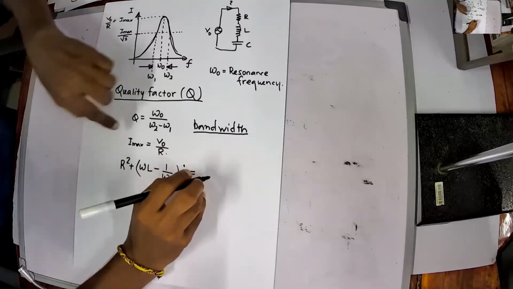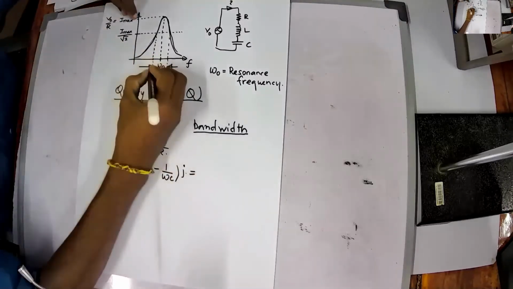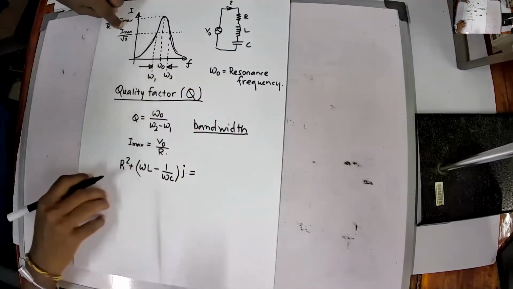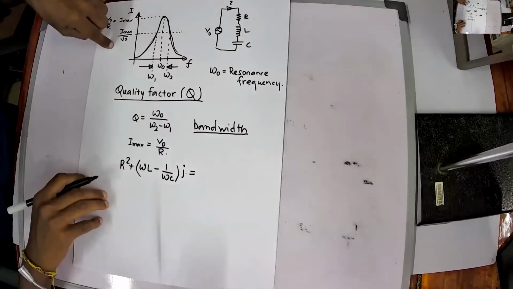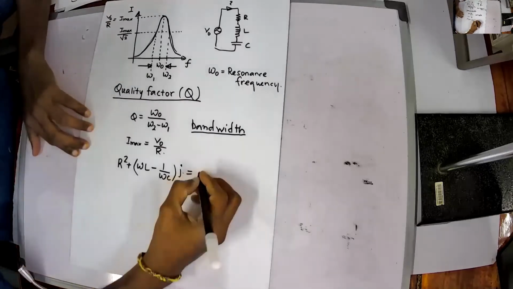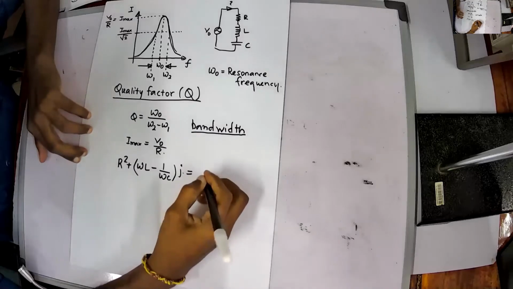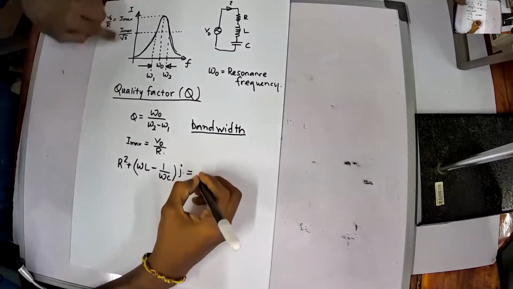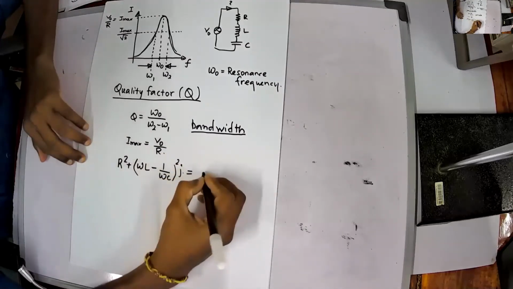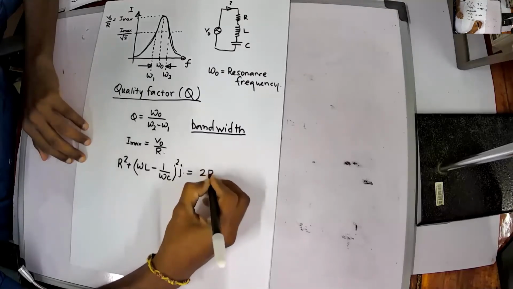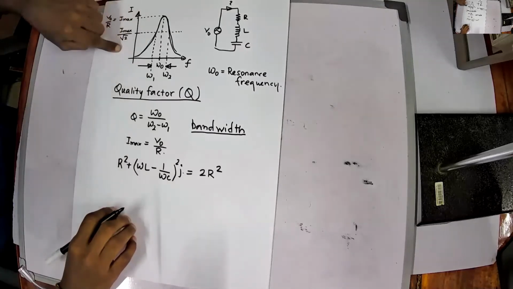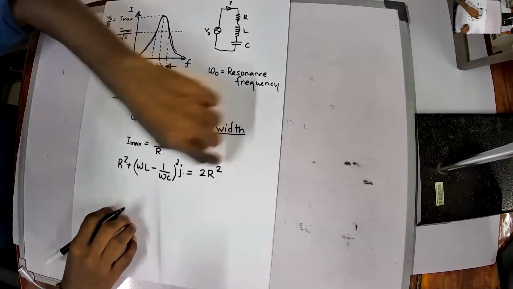So at these two frequencies, at omega equals omega 1 and omega 2, the current is I max by root 2, which means the impedance magnitude is root 2 R. If it is root 2 R, then the whole square, R squared into the whole square, will simply be 2 R squared. Why? Because the current is just I max by root 2.